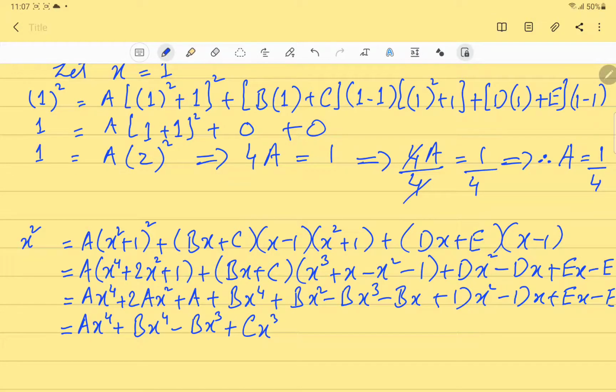Then we have to write the square term, which is 2ax squared plus bx squared plus dx squared.